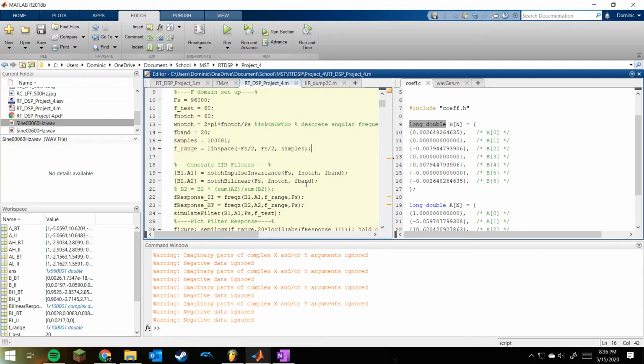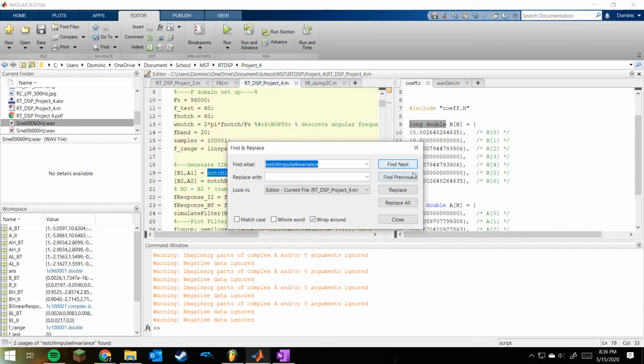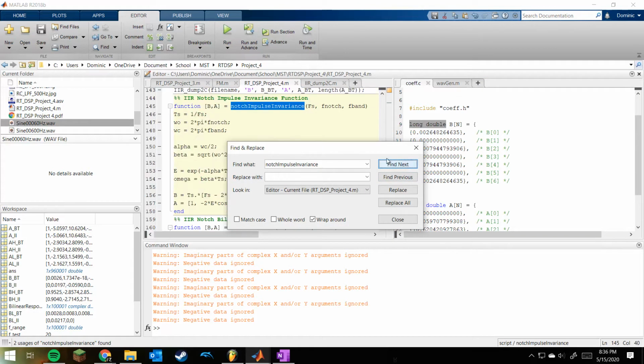And for most of this project, I generate the filters in some external function that passes back the coefficients. So for example, if we go to this function, here we go.